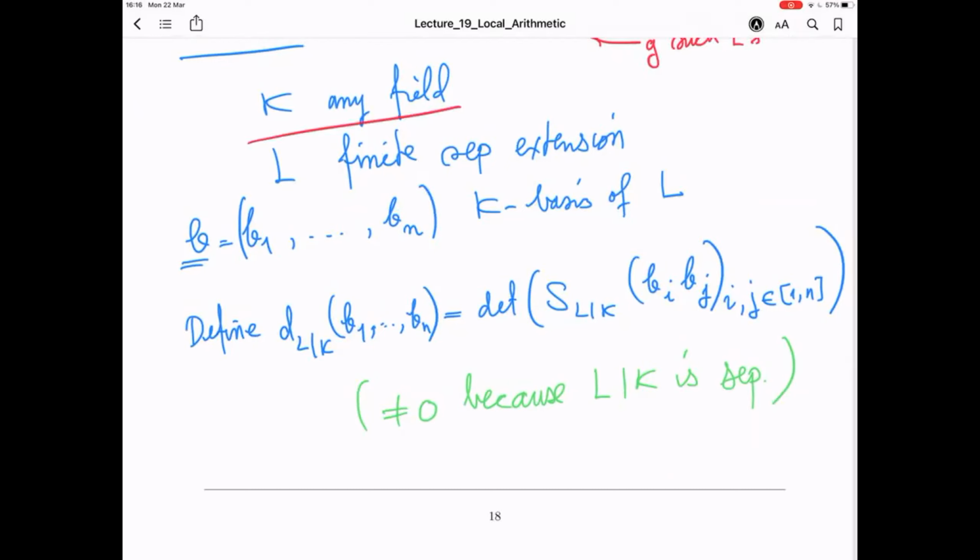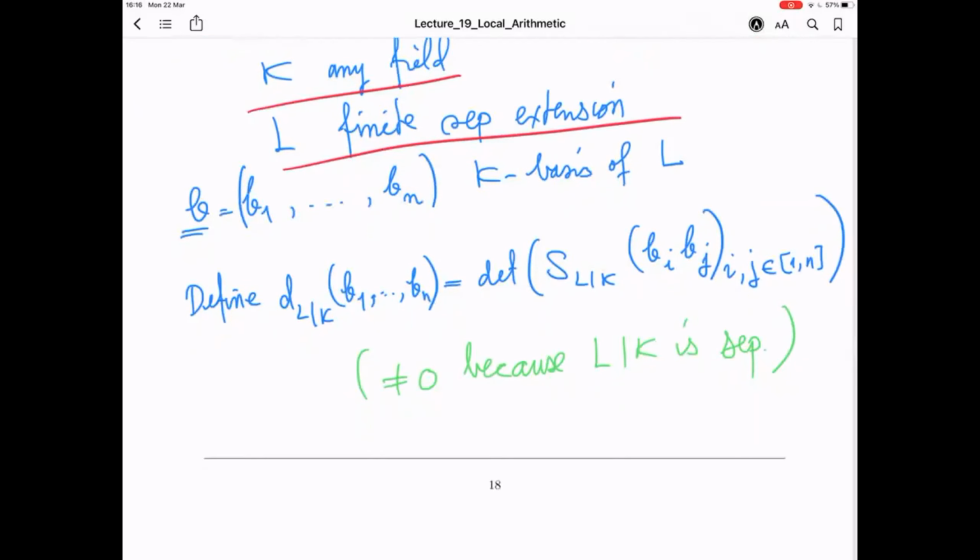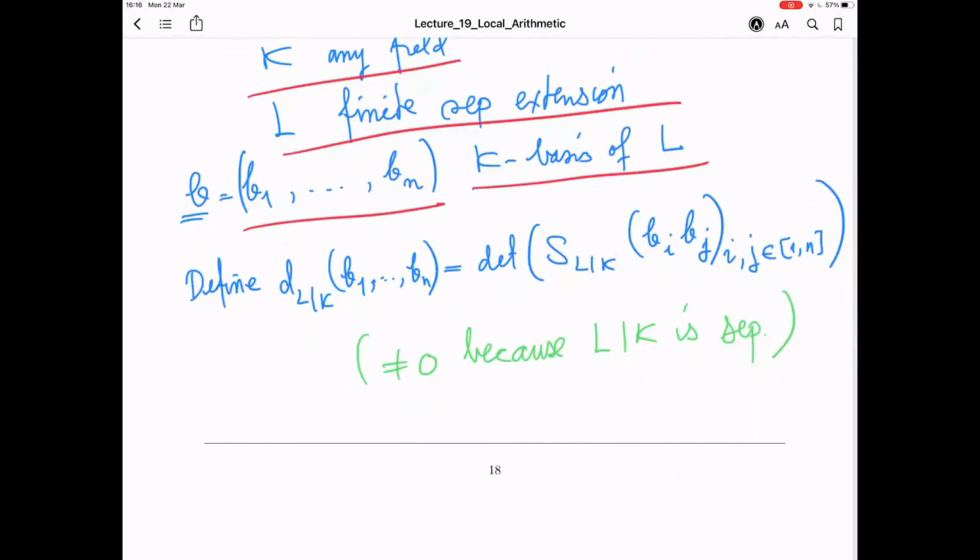So again, let's take K to be any field for some time, and take any finite separable extension L. When I take a K basis of L, I can define the discriminant of the basis to be the determinant of the matrix whose ij entry is the trace of Bi times Bj.